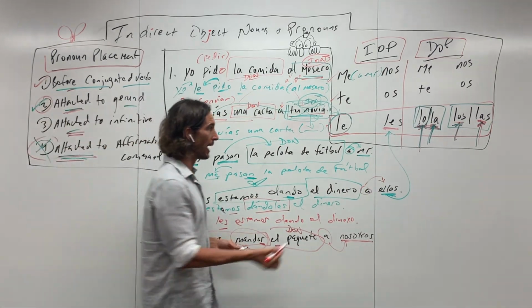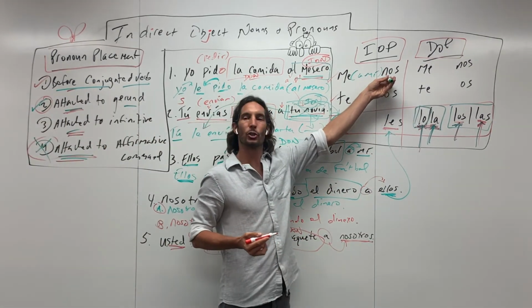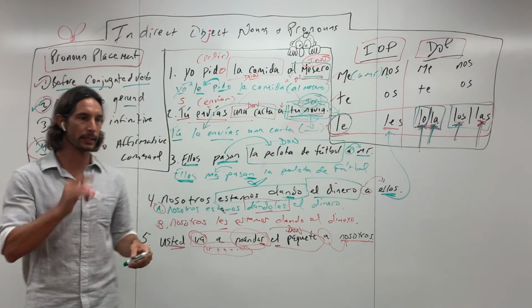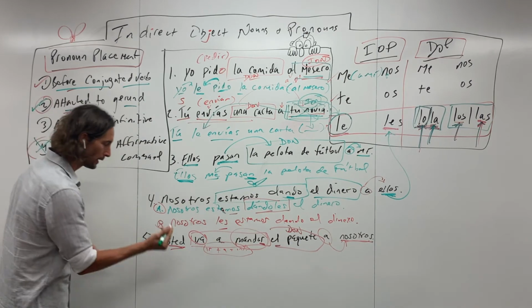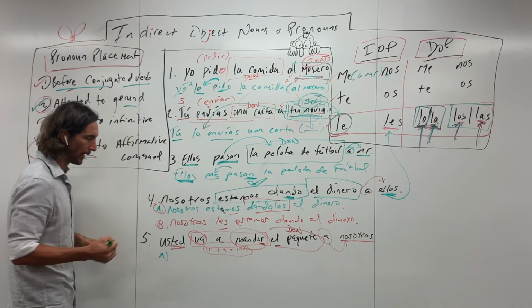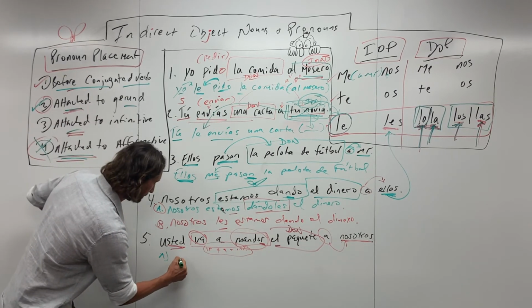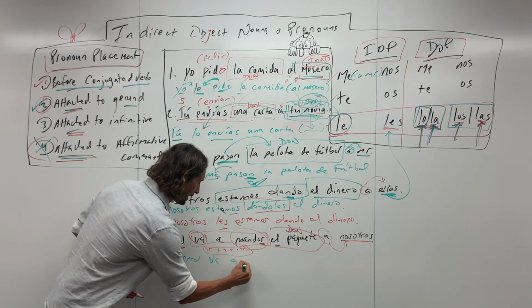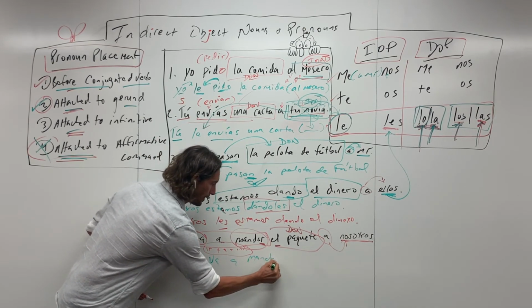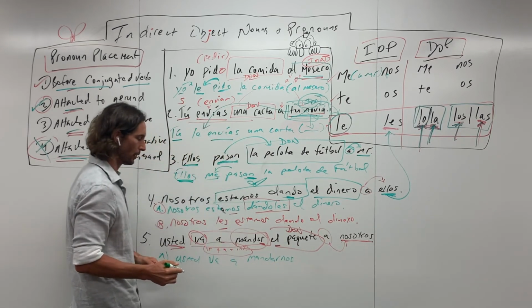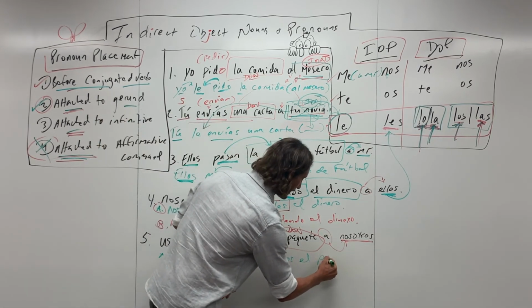And again, so let's have a look up here. So for a nosotros, this is our pronoun, nos. So let's rewrite this, and let's look at two ways we can do this. And so just to stay consistent, A will be green, B will be red. So we'll go with usted va a mandarnos el paquete.